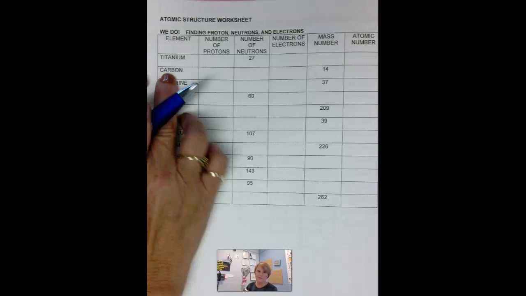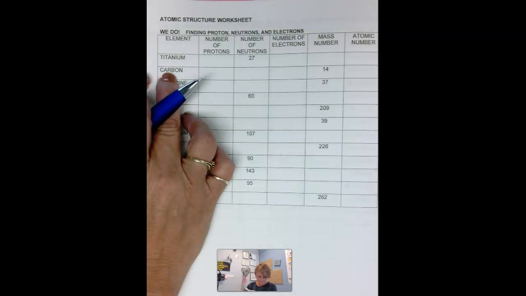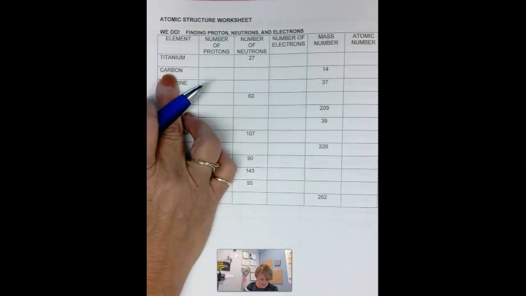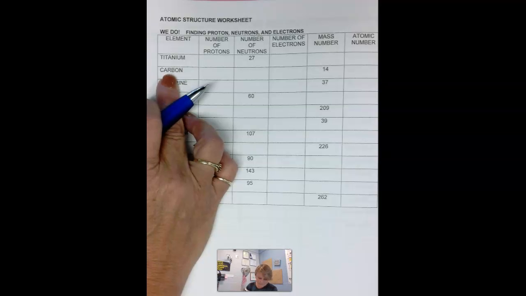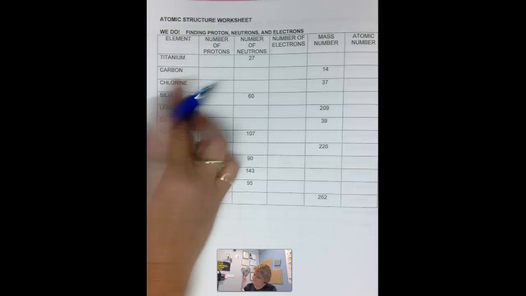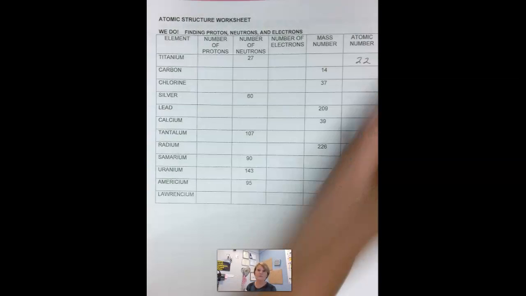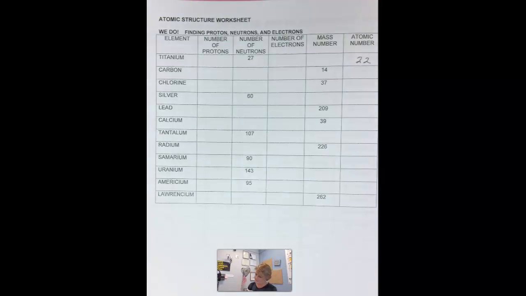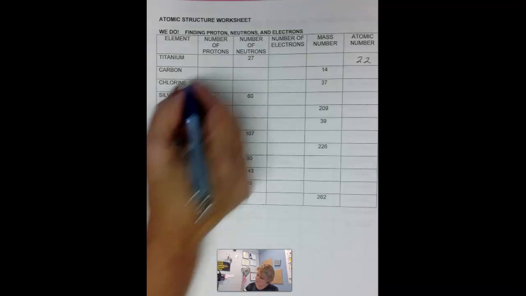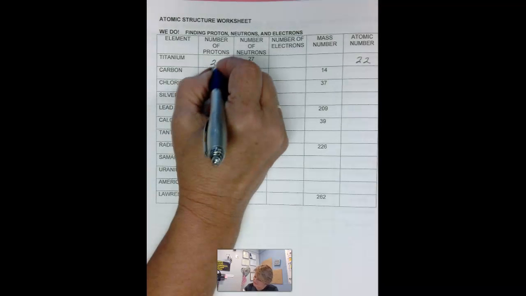So the first thing that we're going to do is titanium. And so find titanium, if you would, on your periodic table. Now it is number 22. Okay, so titanium's atomic number is 22. So remember, if the atomic number is 22, then the number of protons is also 22.